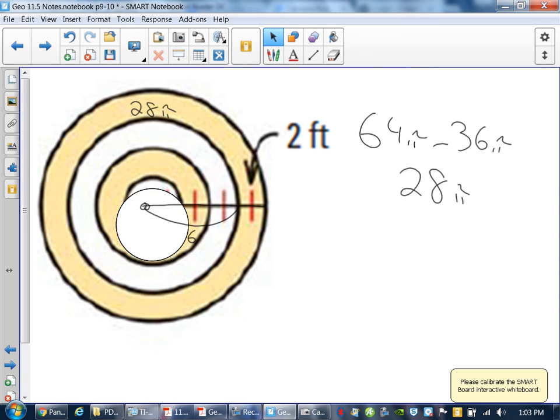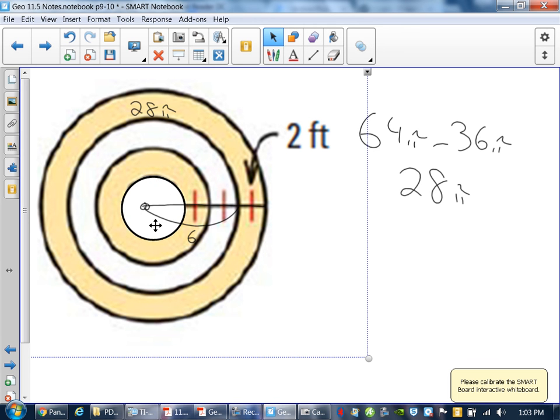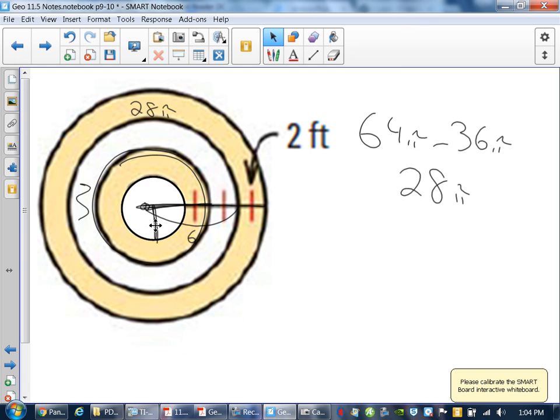And now I'm going to do the exact same thing for the inner problem. I don't need to worry about the outer ring or this ring in here. I'm going to look at this part of the circle, having a radius of 4, and I'm going to subtract out the inner circle with a radius of 2. So if I have a 4 radius, what's my area? 16 pi, good.